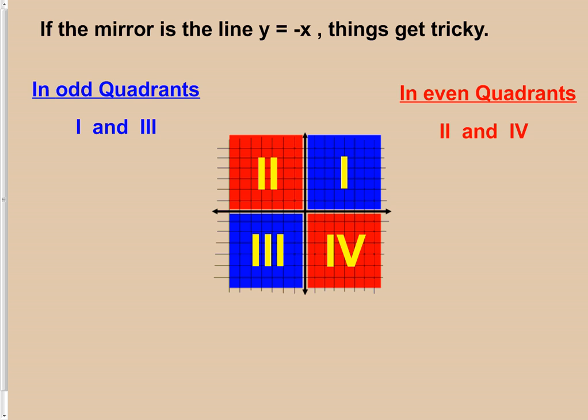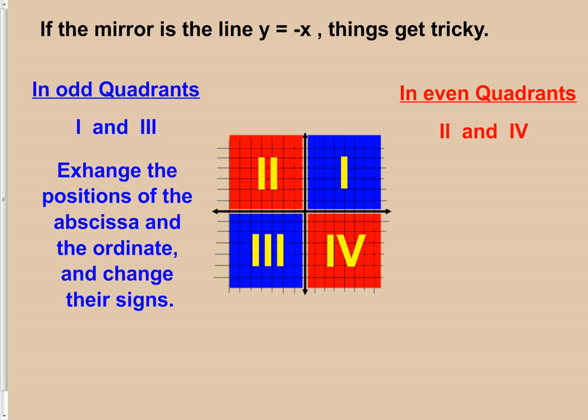Now, depending on whether we're in an odd quadrant or an even quadrant, we have a different set of rules to follow if our line of reflection is y equals negative x. In the odd quadrants, once again, we're going to exchange the positions of the abscissa and the ordinate. Okay, that is just like we did with y equals x. However, this time we're also going to find the need to change the signs of those values as well.